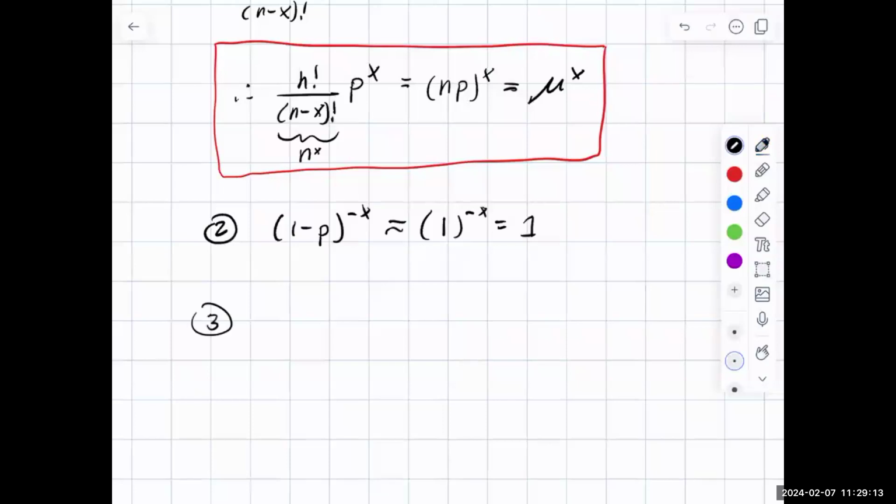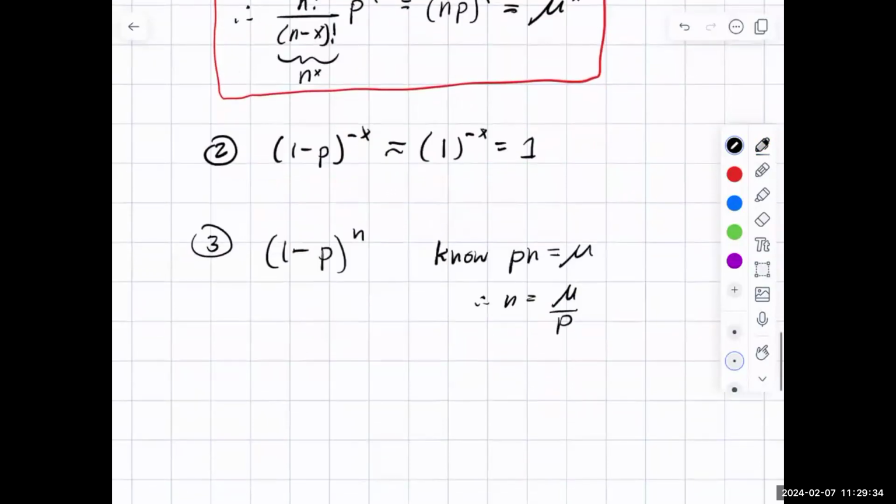So 3 is 1 minus p to the n. Okay, so we've used this already. We know that p times n is equal to mu, and so therefore n is equal to mu over p.